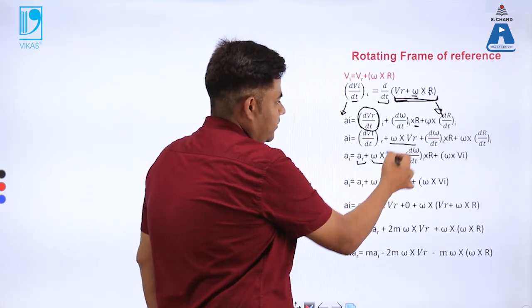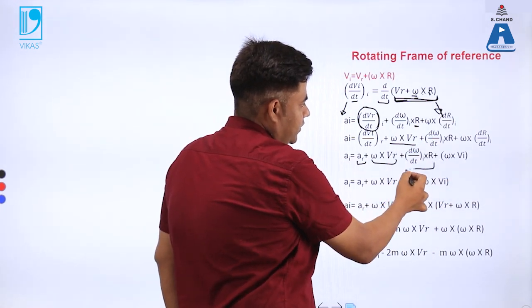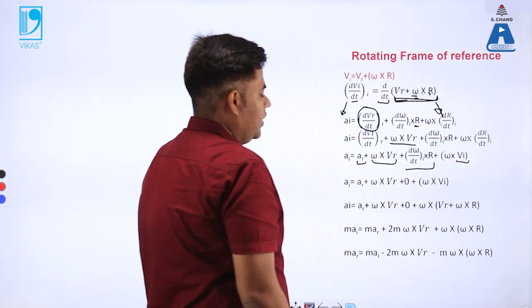Omega cross vr remains the same, d omega by dt remains the same, and dr by dt is vi.